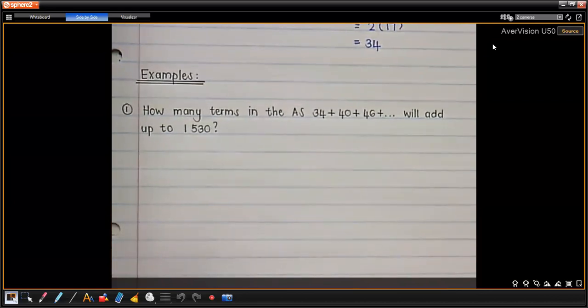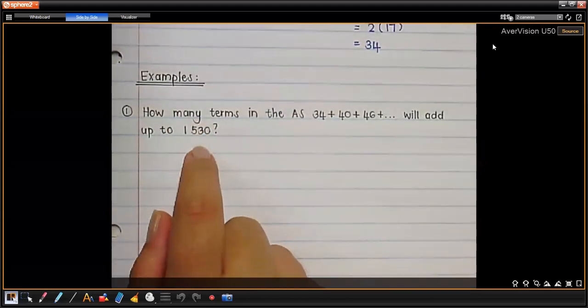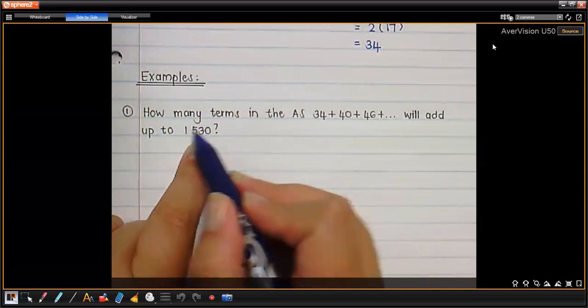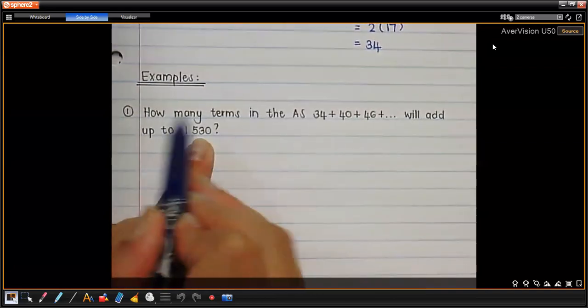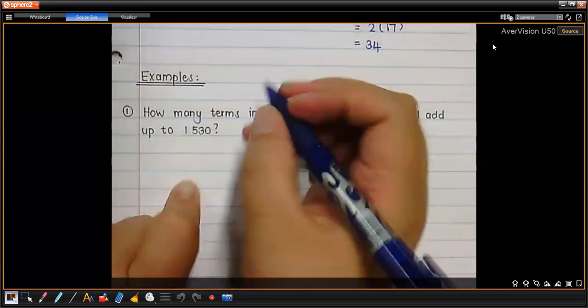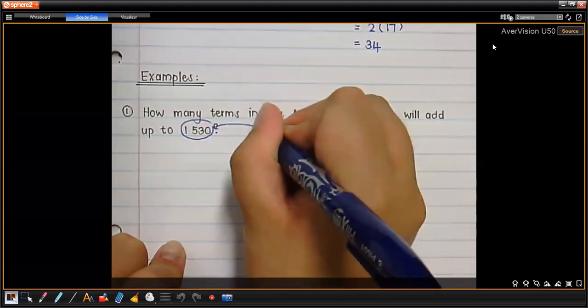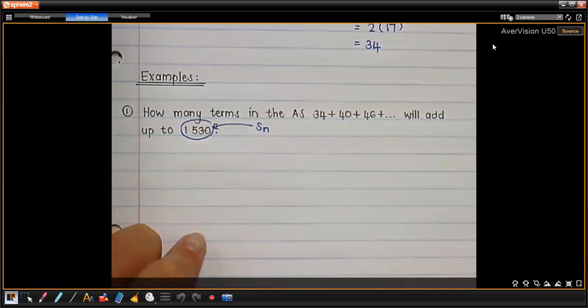They're saying will add up to. So does it make sense that this is the sum that they're given? If they use the words will add up to, then this is the sum. And do we know how many terms we added together? No, that's what we're calculating. So we are going to make the sum equal to Sn, and then we're going to have to solve for n.